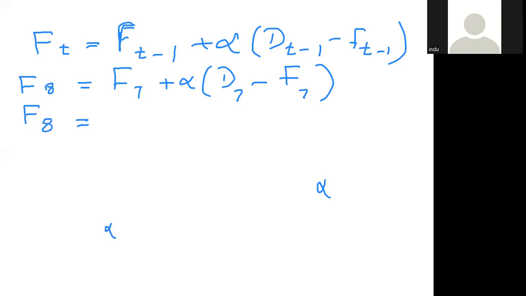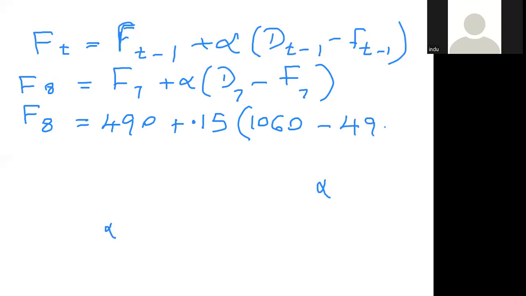So the forecasted value of the 7th period is 409. The alpha value is also given, it is equal to 0.15, and the actual demand of the previous period is equal to 1060, minus again 409.